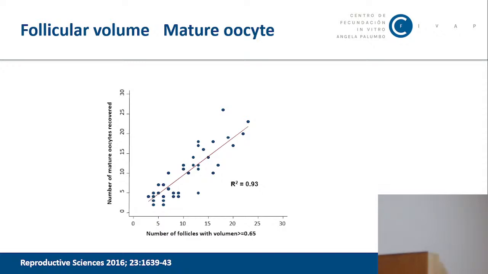As a result, we obtained that 0.65 is the minimal volume that can most accurately generate a mature oocyte.